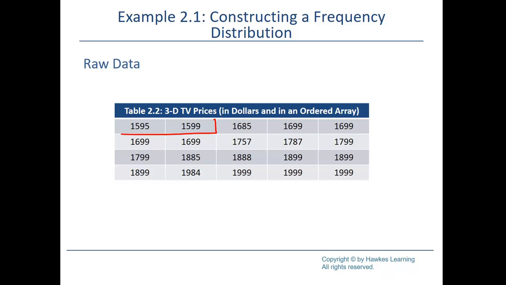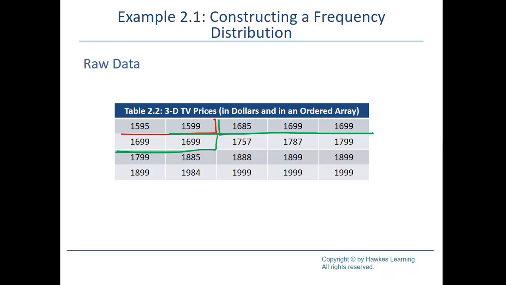I also noticed that I do have another grouping, which was that 1600 to 1699. So this would be our class 2. And that would end about here.